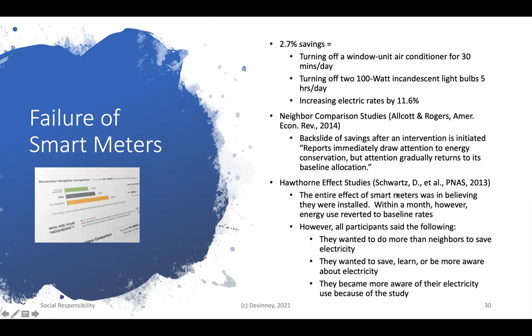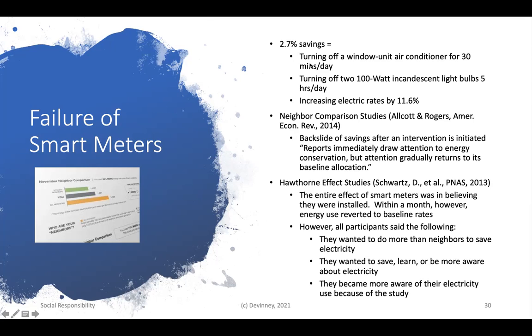There are what are known as the Hawthorne effect studies, where individuals were told they had smart meters but actually didn't have them. Some people were given smart meters but not told, and others were given smart meters and told they had them. One question was, what was really going on here?